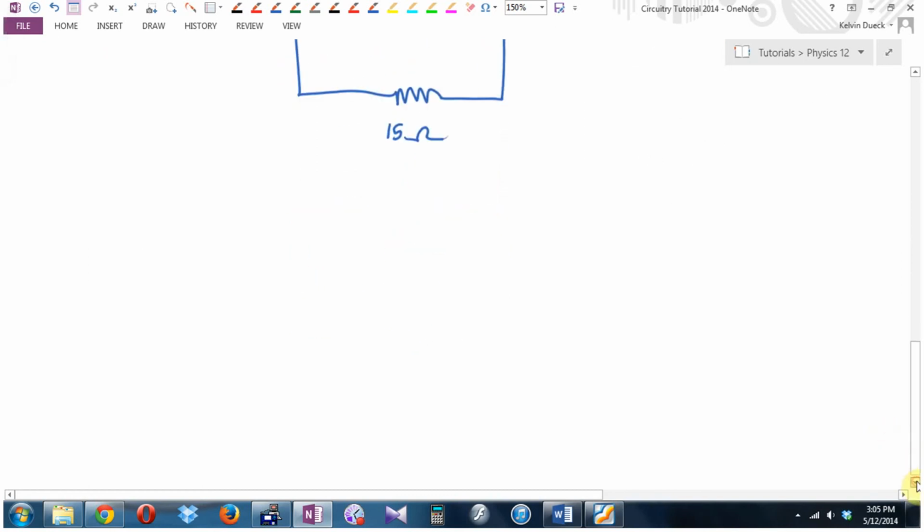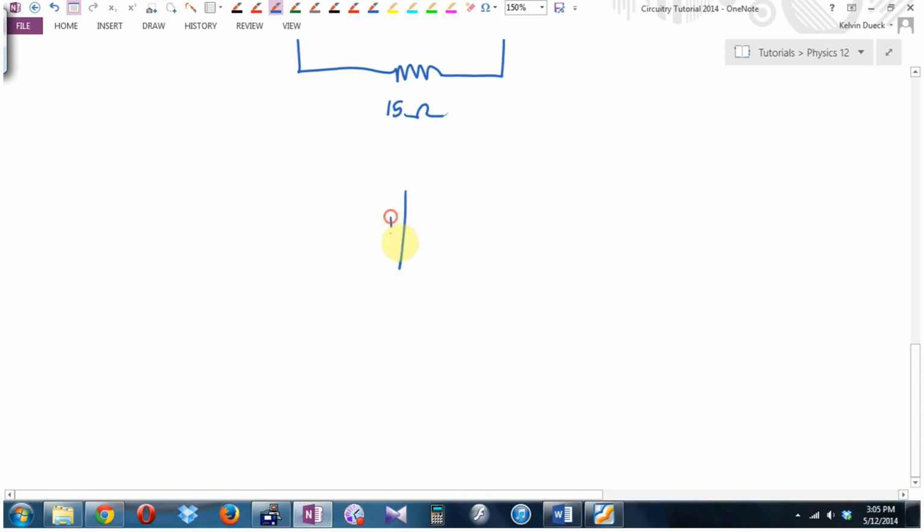Now, suppose I zoomed in on the battery. Suppose I said, okay, let's start out with this same idea where this time I'm going to give you the internal resistance. So we still have 15 ohms. And let's suppose this is 3 ohms.